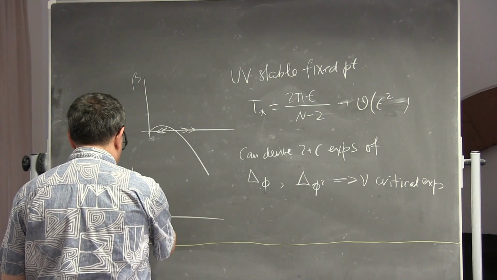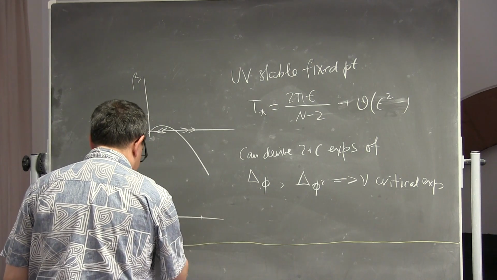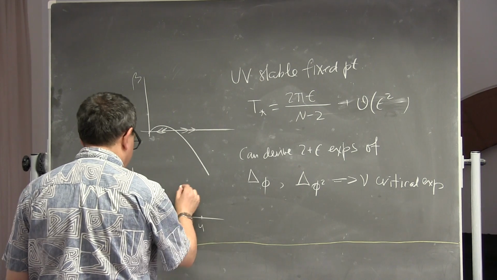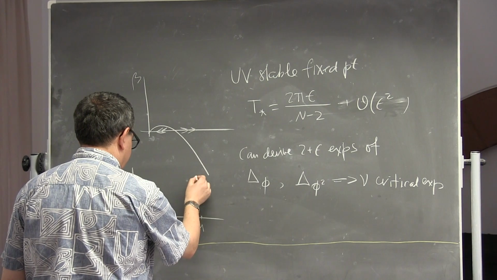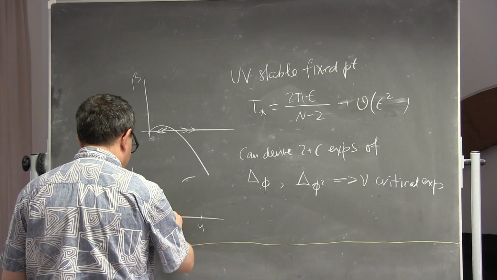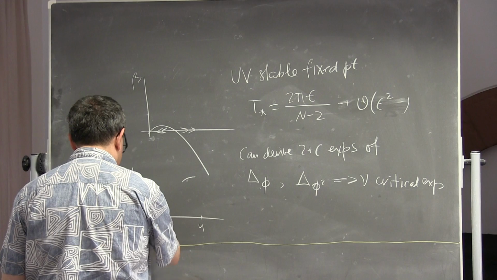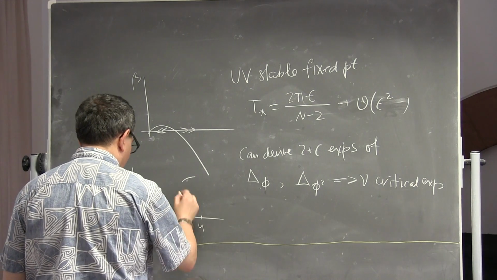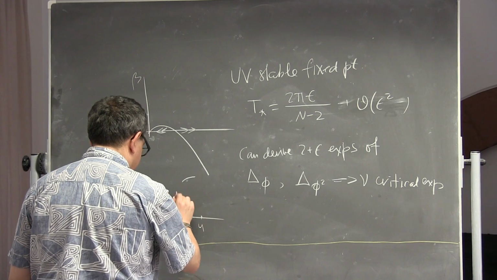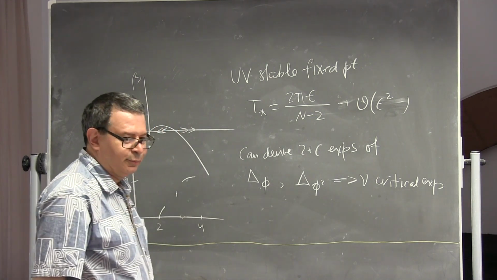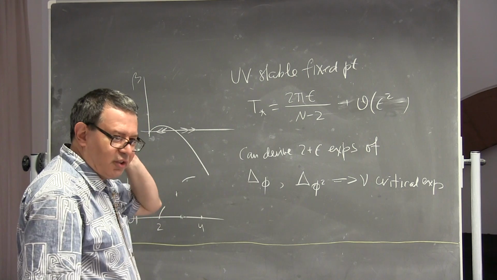Okay, and then it's 1 in 4 dimensions. So this is 2, this is 4, and you can do some kind of extrapolation. You basically know the results here, you know the results here. This is 1, this is 0, and then you can try to extrapolate to 3 dimensions here. So this gives you basically additional control.